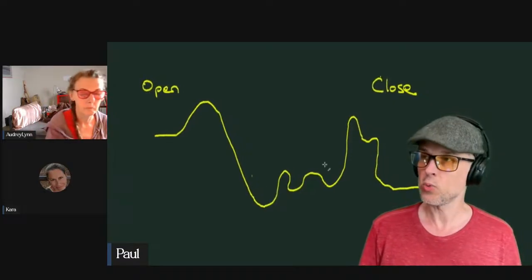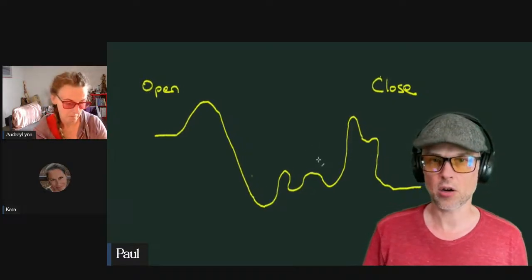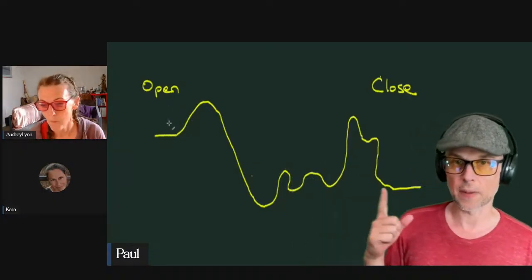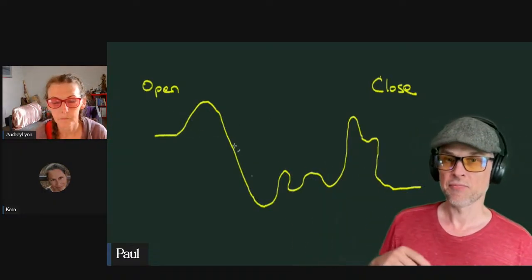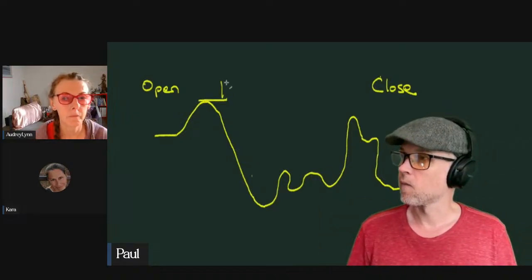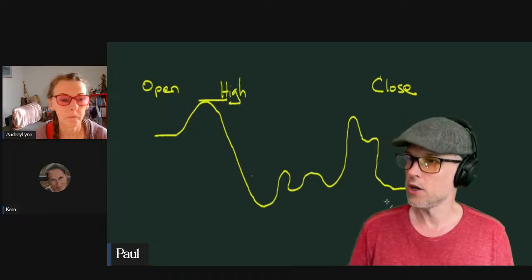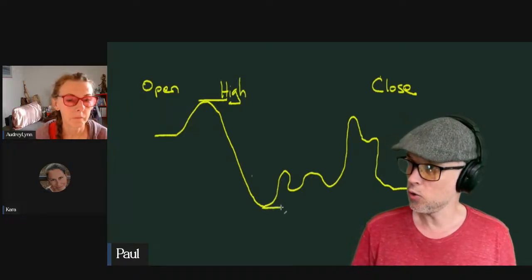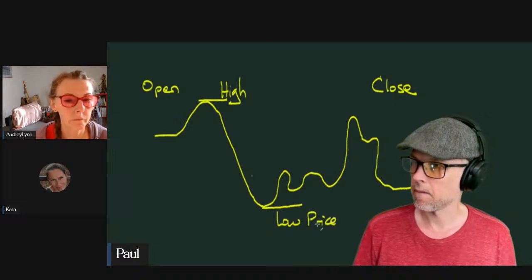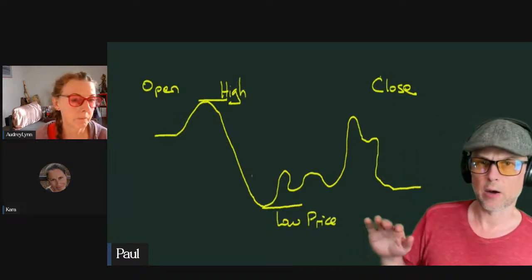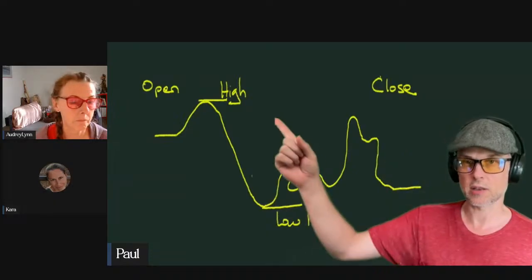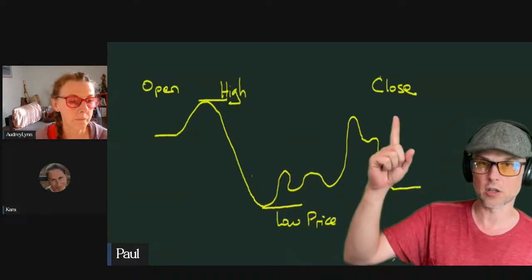And the trick is we have two other price points other than the open price and the close price. We have a high price, and we also have a low price. So now we have four parameters to the price action. We have the open price, the high price, the low price, and the close price right there.